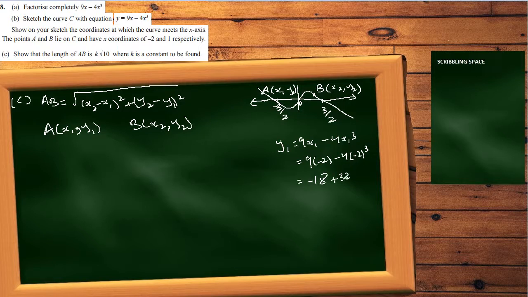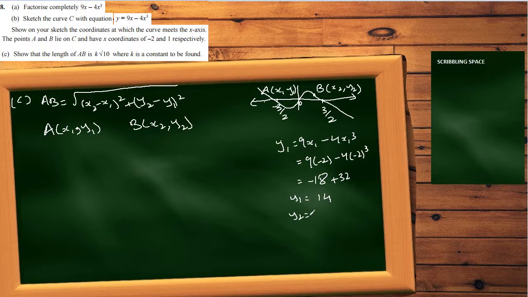I'm working from the previous example, where we also took the x value as minus 2 when checking where the curve is coming from. So this gives 2 and 12, that's 14. So we have y1 as 14.